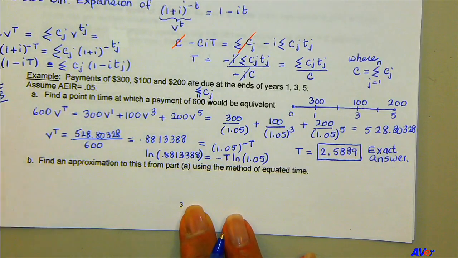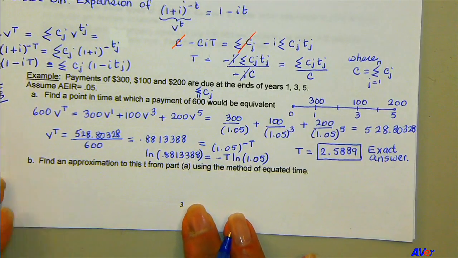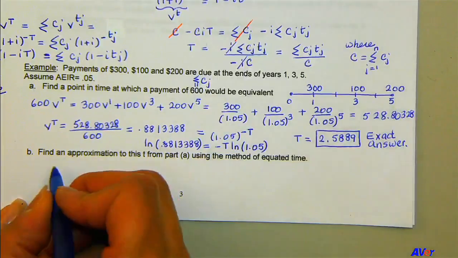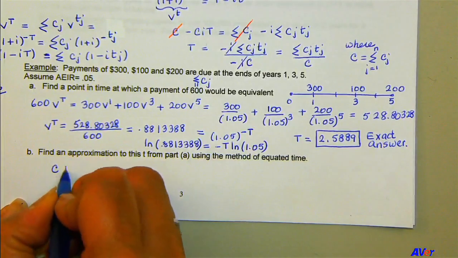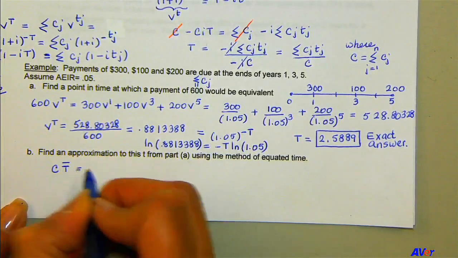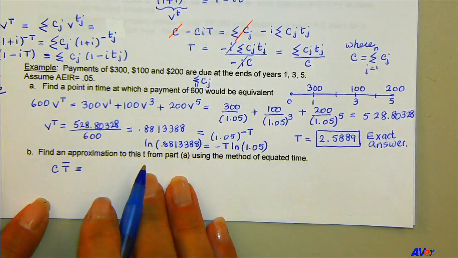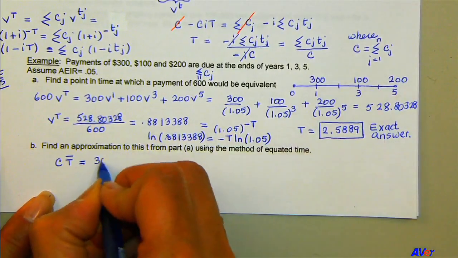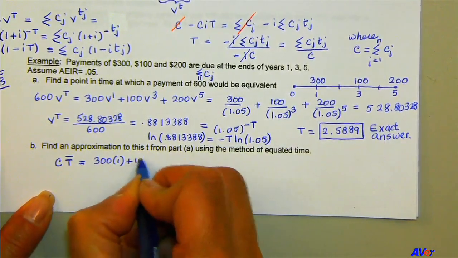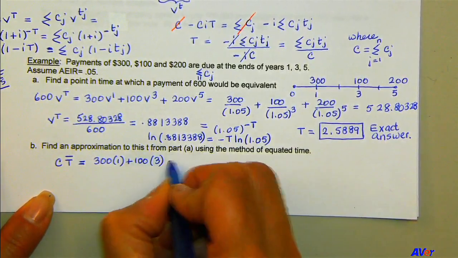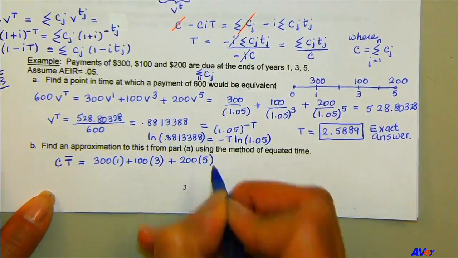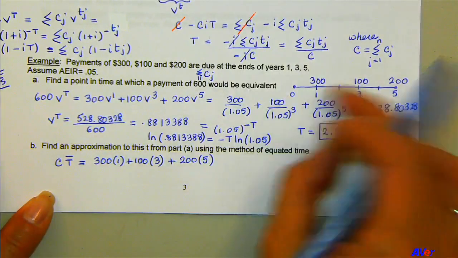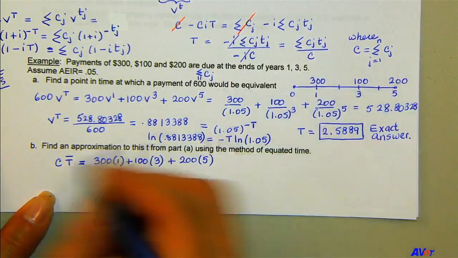Now let's do it by approximation. So let's just look at the timeline here. C times t bar is equal to every c times its time. So 300 times 1 plus 100 times 3 plus 200 times 5. And my c is the sum of these, which is 600.